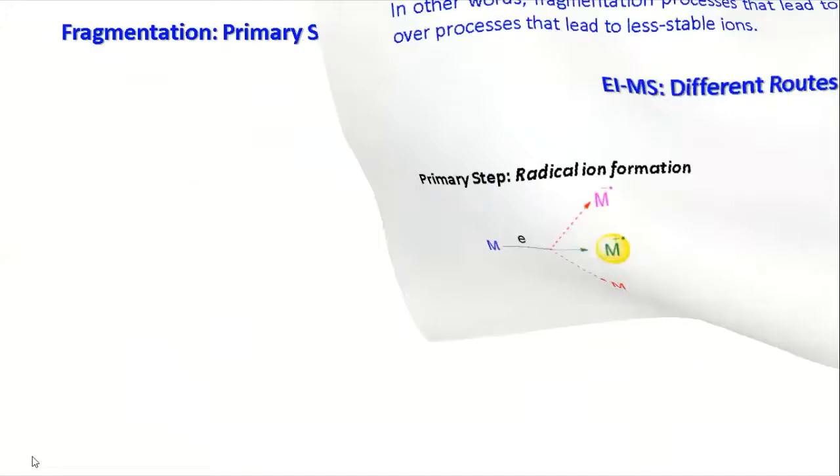Now let us look at what the actual fragmentation processes are. In the primary steps, in any molecule, you may get three kinds of electrons. You can have non-bonding electrons, you can have pi bonding electrons, and definitely you will have sigma bonding electrons.